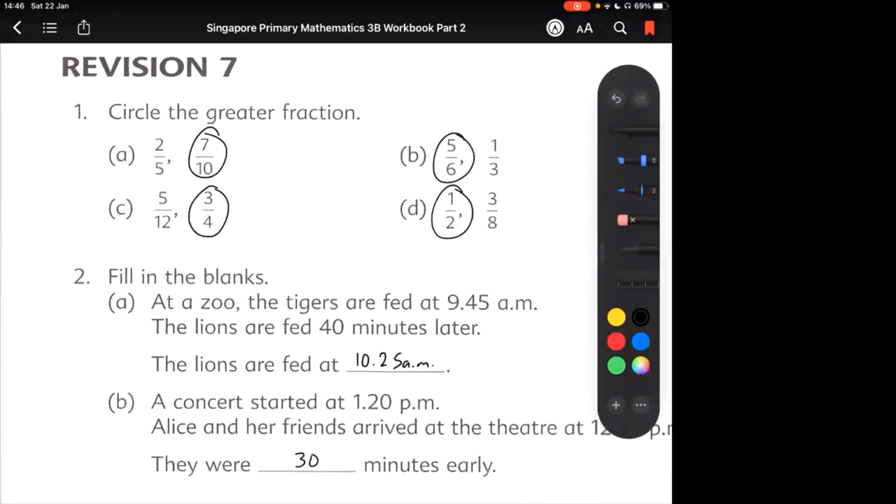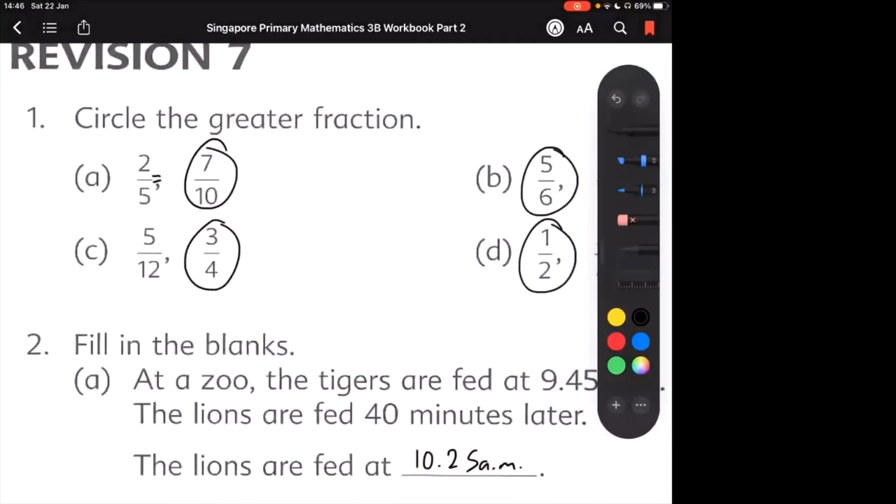So to find the greater fraction for each of these parts, we need to convert the fractions to either have the same denominator or the same numerator, right? So we get 2 out of 5 equals 4 out of 10 because we're multiplying both sides by 2.